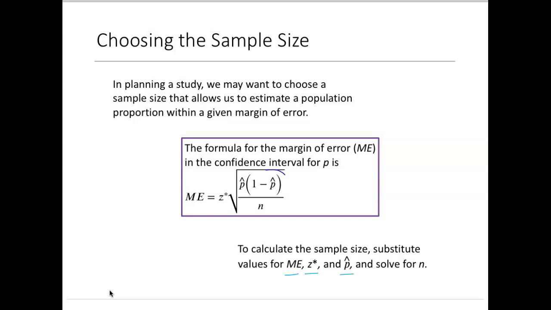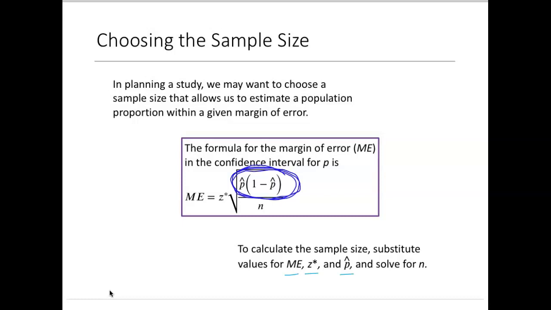So what value of p hat would make this numerator the largest it could possibly be? So think of it this way. What values does p hat have to be in between? It's a proportion, right? So it has to be between 0 and 1, right?